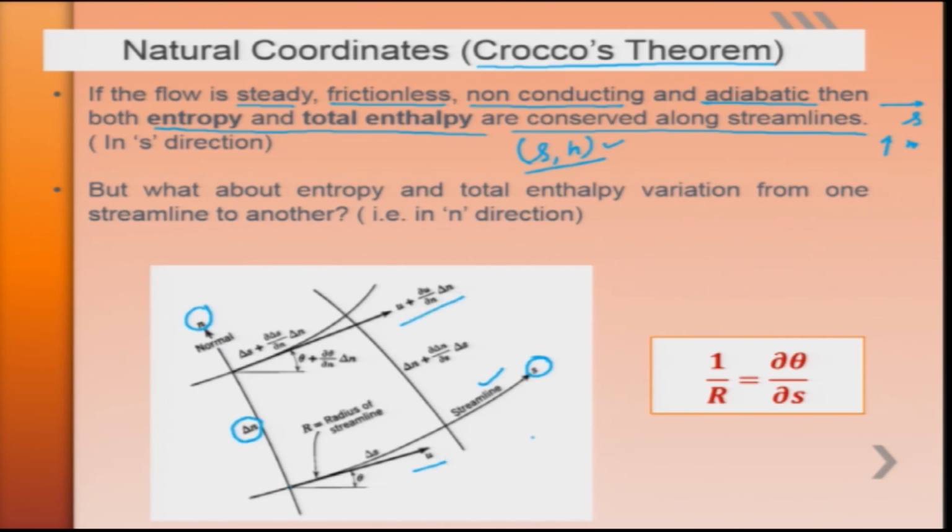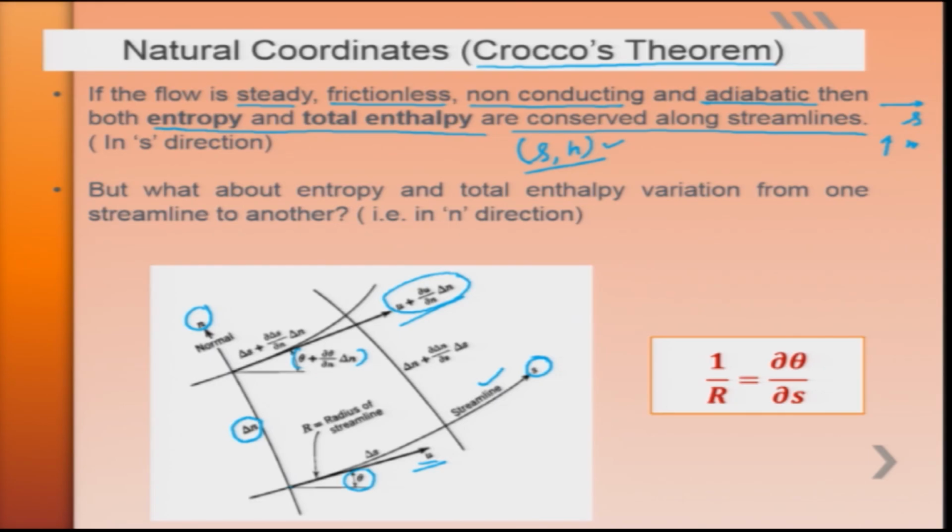Now we can also see the variation of the flow deflection, that is the inclination of u in the delta n and delta s direction, can be written as theta plus del theta by del n into delta n, again using the Taylor series expansion, that is this velocity is inclined to this angle.